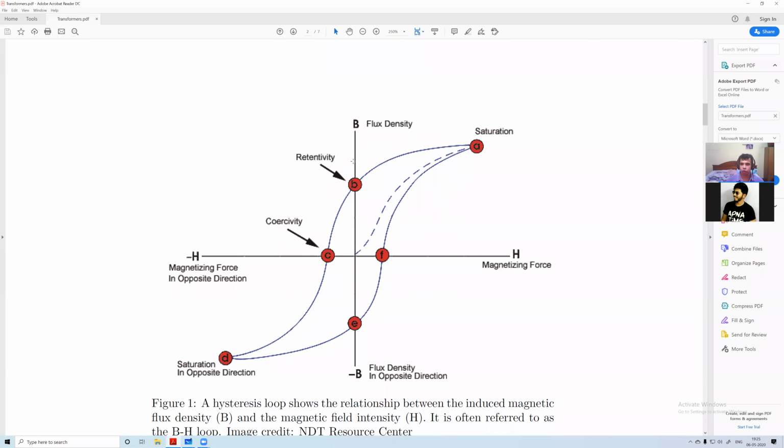Now, what to do to make B 0? We move in the opposite direction. As we go on this, B keeps decreasing, and here it comes to C. So at C, flux is 0, but H is not 0, it is negative.